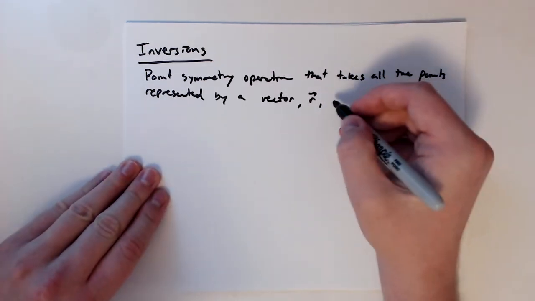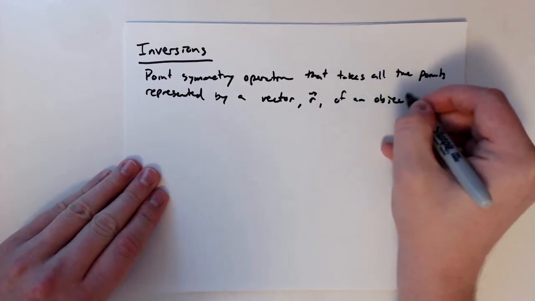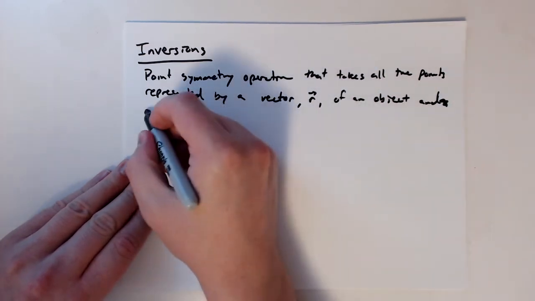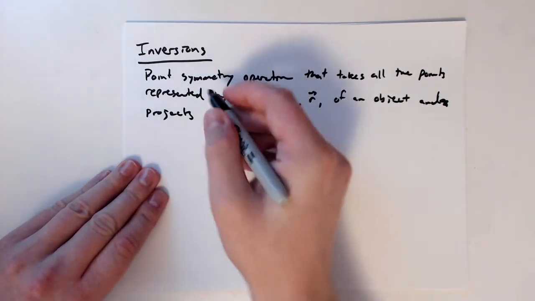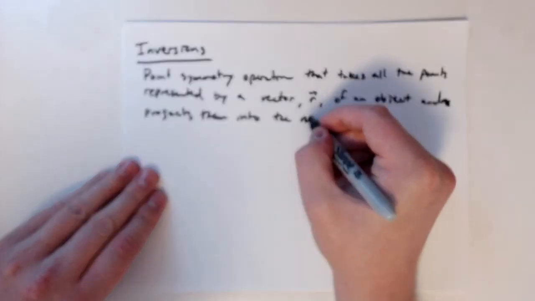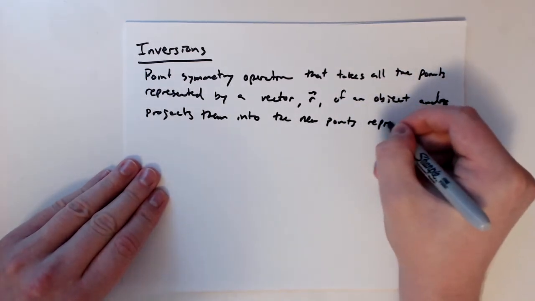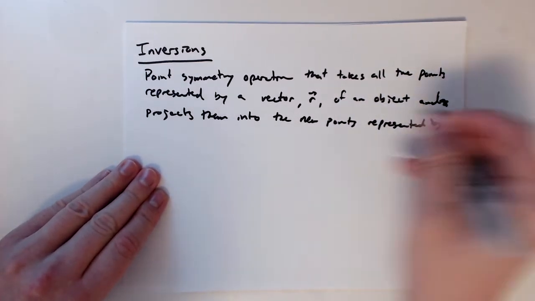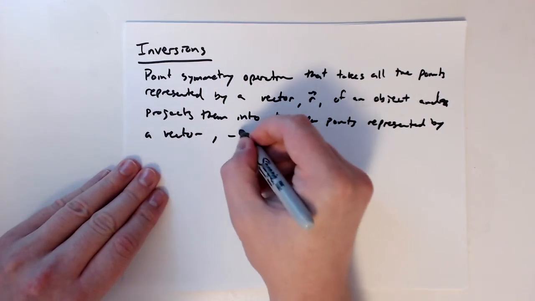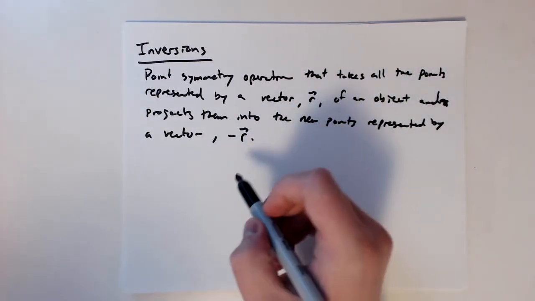So it takes everything represented by that vector of an object and projects them into new points represented by a vector minus R. Right? So this one's easy to think about if you actually think about the vector itself.